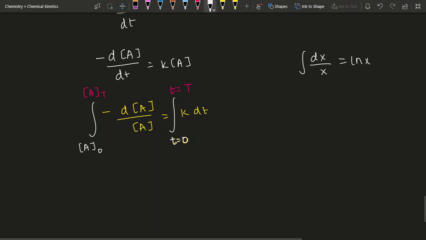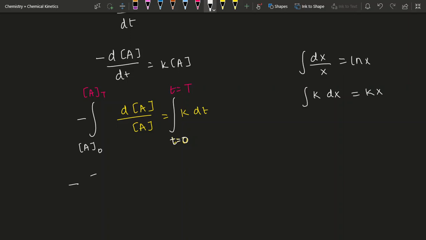And also the integral of a constant K times dx is equal to K times x. So let's use that here. Now, one more thing: this negative sign on the left hand side can be shifted outside of the integral, and it still is a valid expression. So negative of the integral. Now we are all set to calculate this integral.